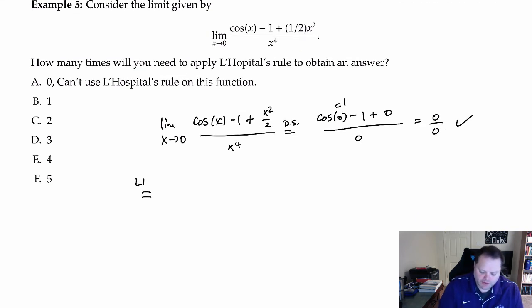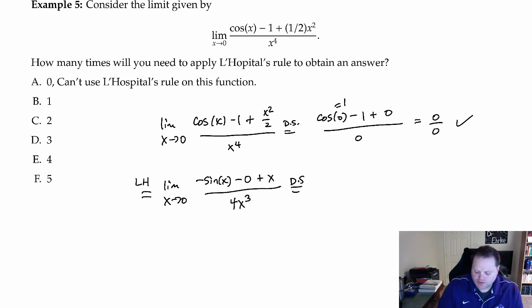So this is equal to, using L'Hopital's rule, so we've used it once now, the derivative of cosine is minus sine. The derivative of 1 is 0. The derivative of x squared over 2, the 2 comes down and cancels with the 2 that's already there, so this is just x over, this would be 4x cubed.